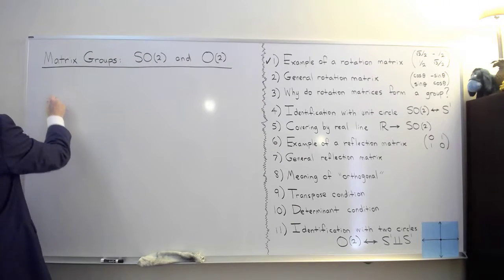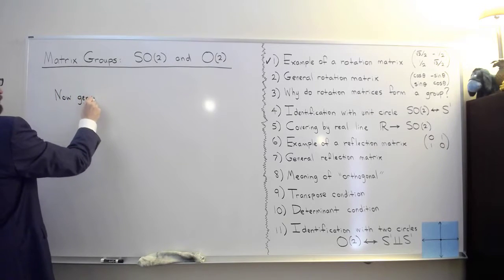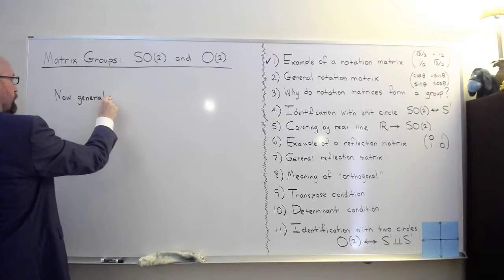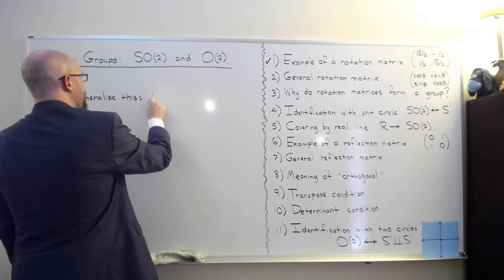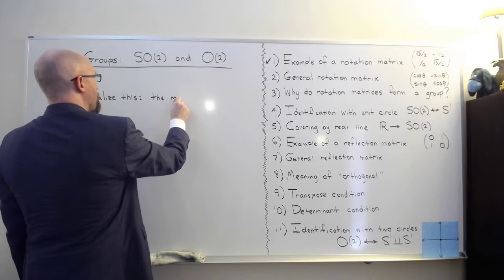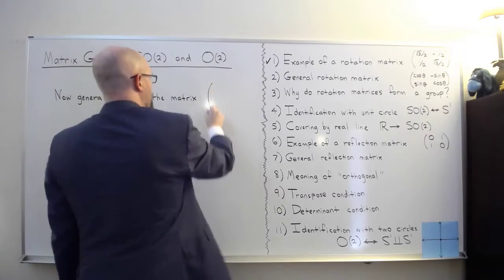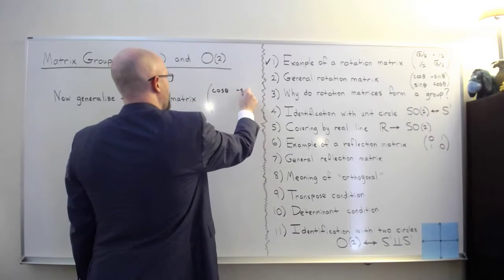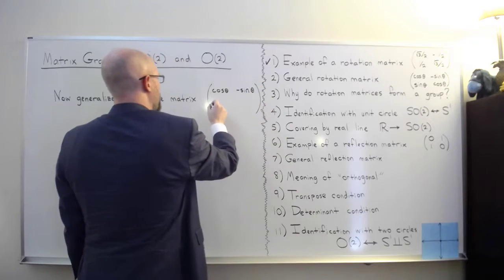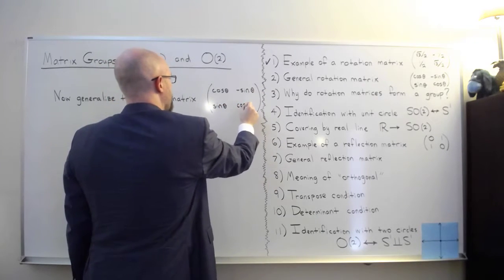And so now what we're going to do is generalize this. And that is the matrix, and it's that one there, which I'm going to recopy here. So there's a cosine theta, a minus sine theta, a sine theta, and a cosine theta.